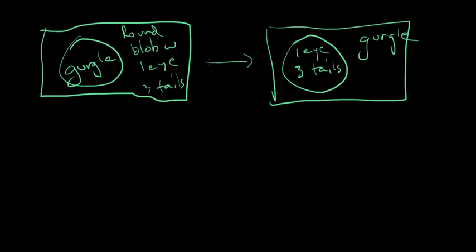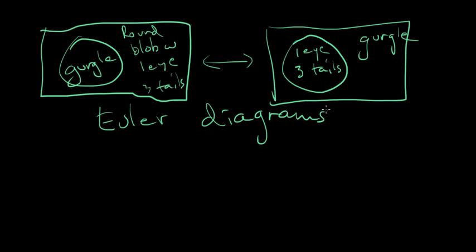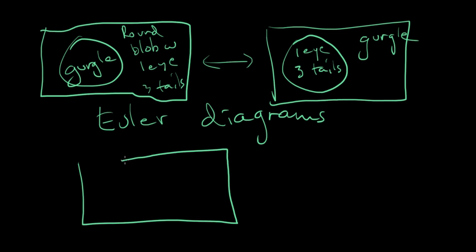And both of these are true. So using the Euler diagram, and EULER diagrams, that's what these are. I think I may have told you they were Venn diagrams. They're Euler diagrams.